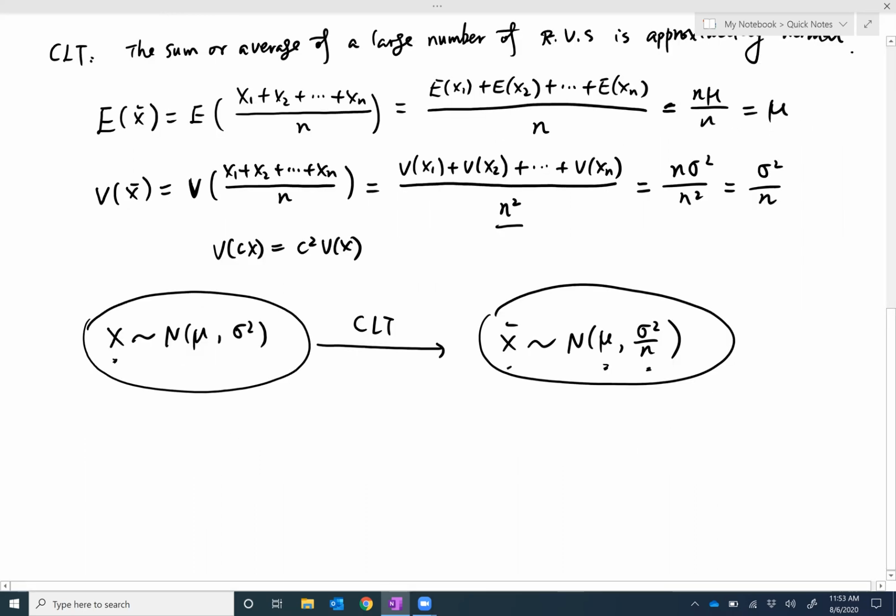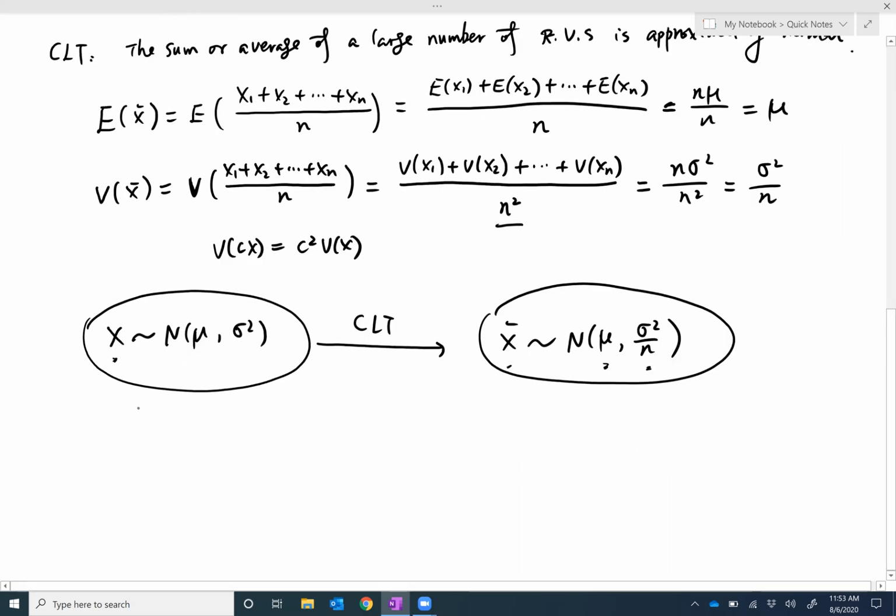So the mean of x equals mu, and the variance of x equals sigma square.